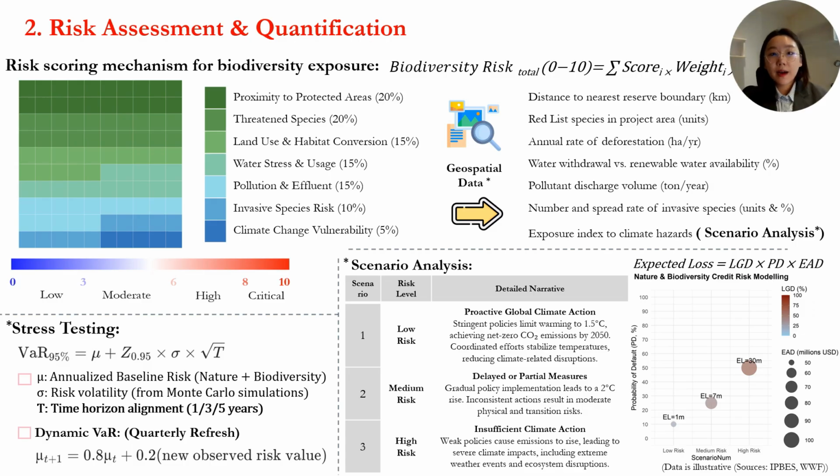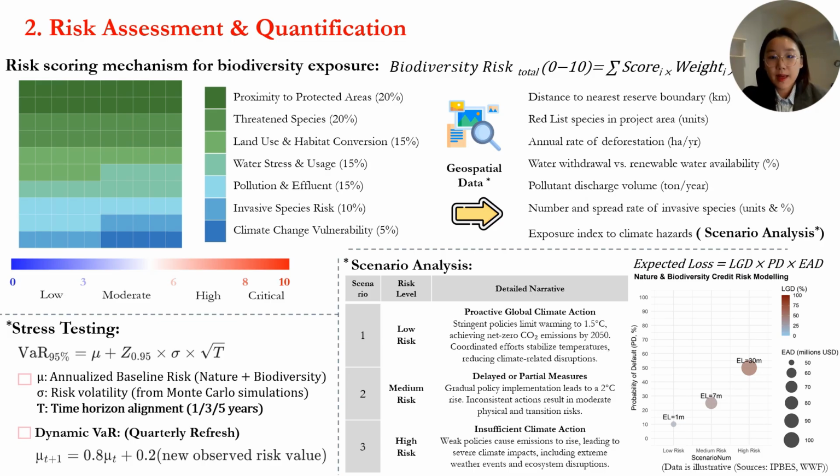And to evaluate biodiversity exposures, we utilize geospatial data to determine weighted risk indicators, including proximity to protected areas, threatened species counts, and habitat conversion rates to generate clear risk scores. We enrich our analysis by developing detailed scenarios ranging from proactive global climate action to insufficient policy responses, capturing varying degrees of ecological and financial impacts.